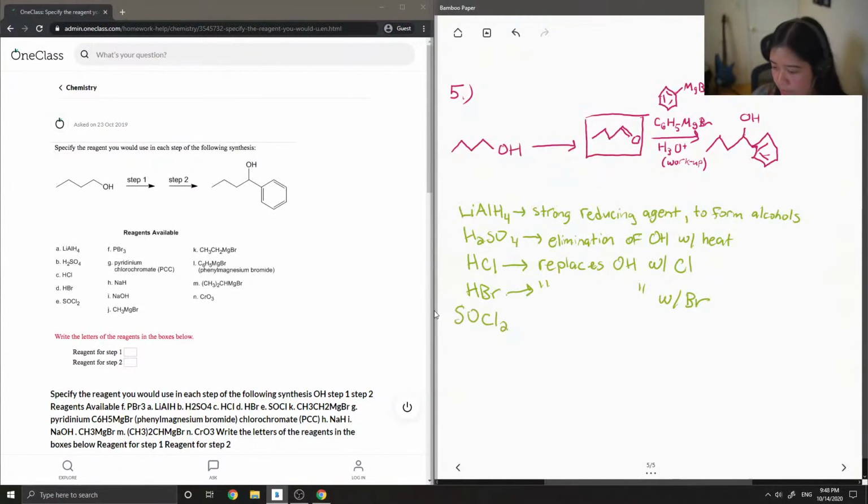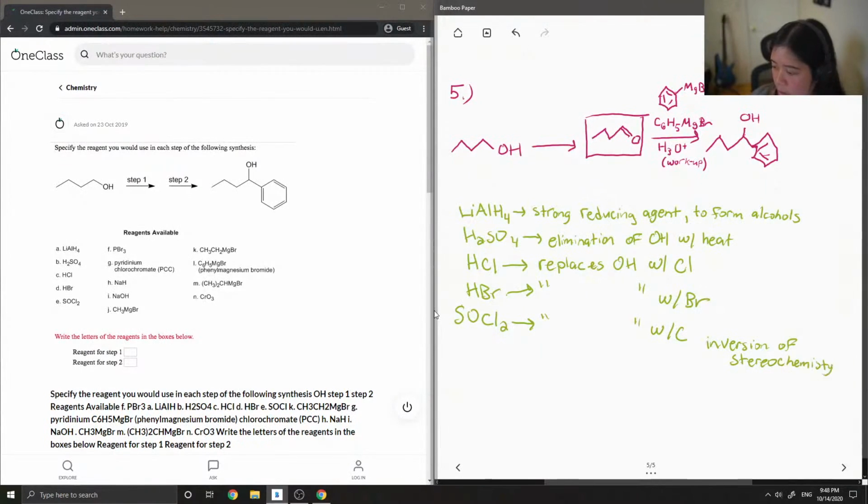SOCl2 is a similar thing to HCl, except it takes into account the stereochemistry, so you get an inversion of stereochemistry.